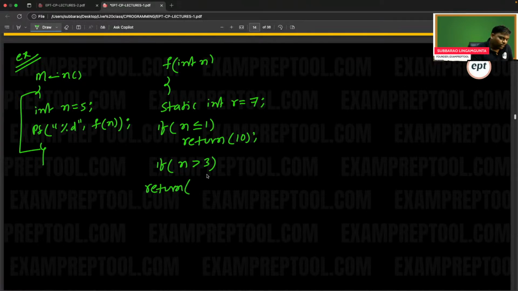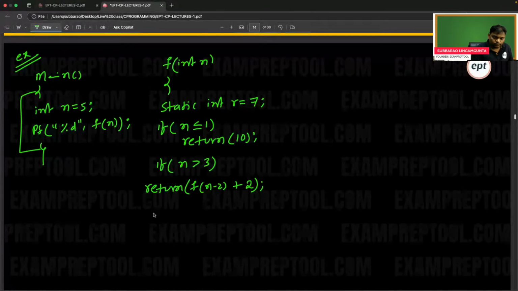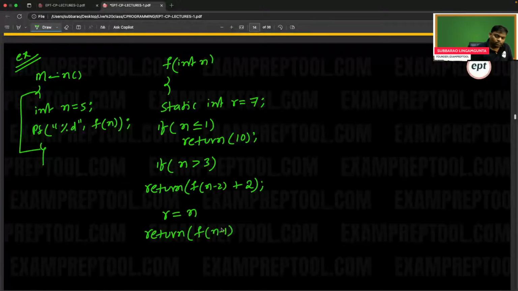It's a very tricky problem. Let's see how many people will do it. r = n; return f(n-1) + r; end of the function.